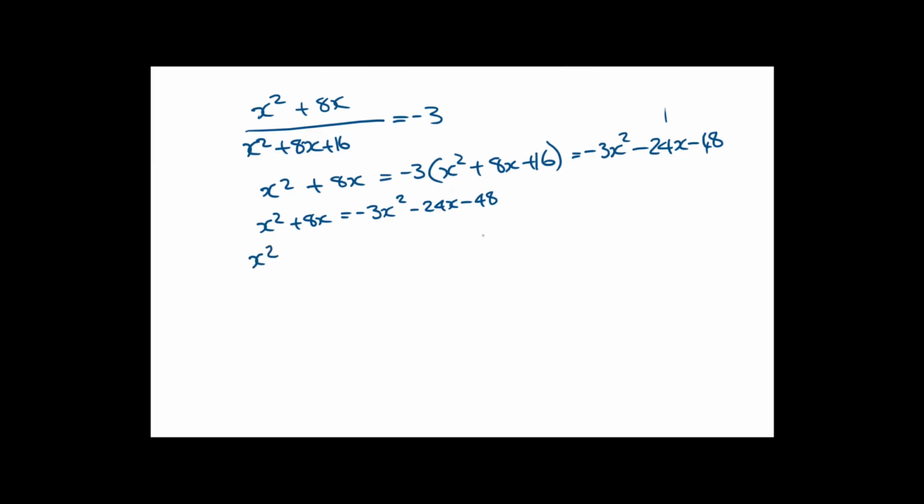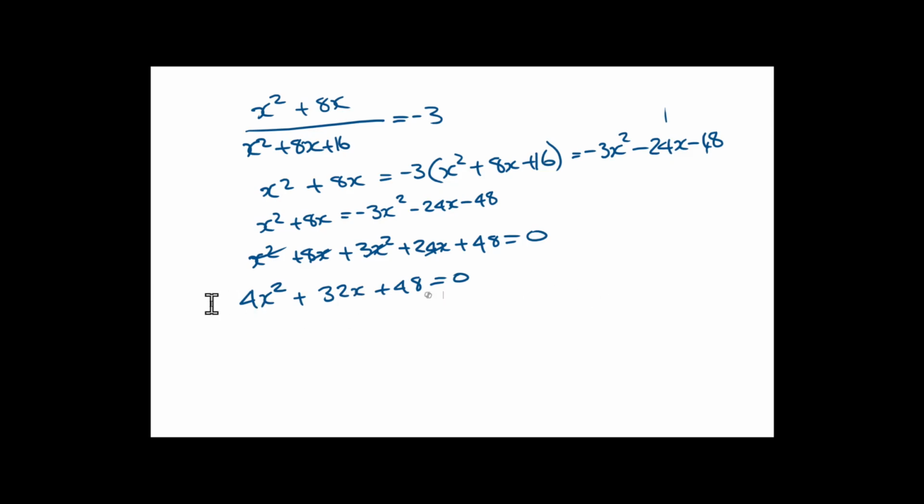So x squared plus 8x plus 3x squared plus 24x plus 48 equals 0, and combining terms, 4x squared plus 8 plus 24 is 32x plus 48 equals 0. Okay.